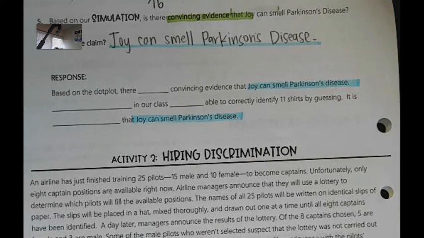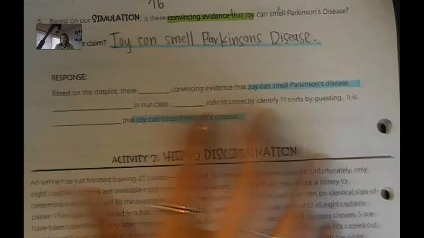Now this part is the actual response. When you get this on your quiz, because you are going to get one of these on your quiz, this is what they're looking for. This is to help you get on the right track, but this is the actual response. And you can frame all of your responses with these sentence frames.